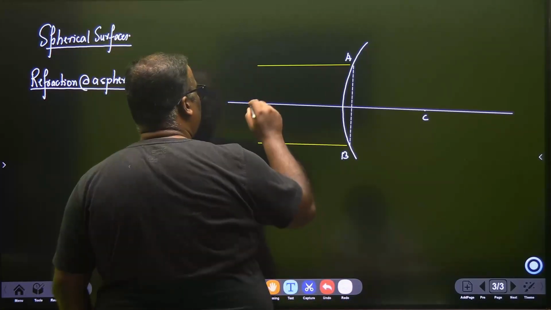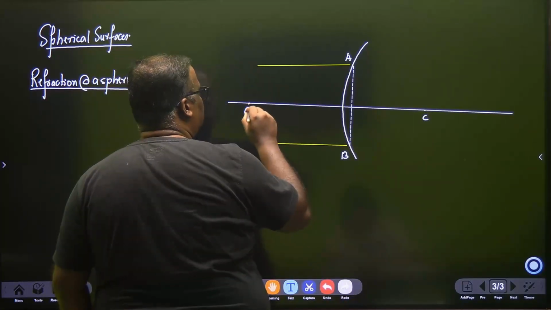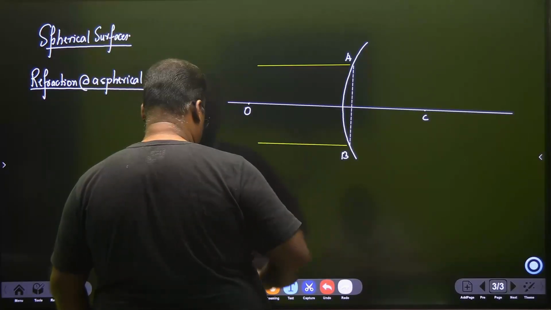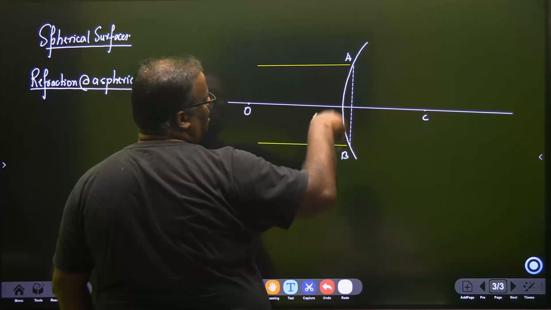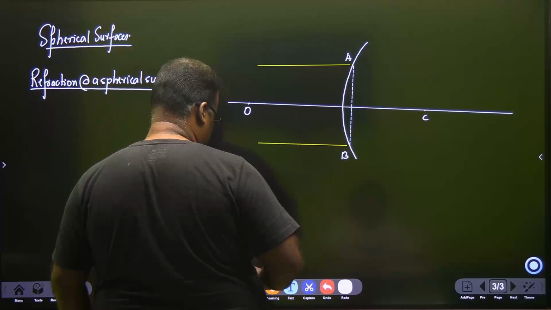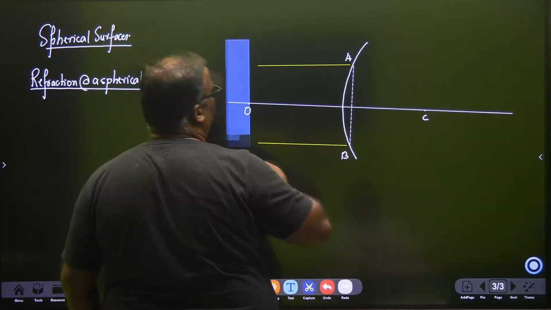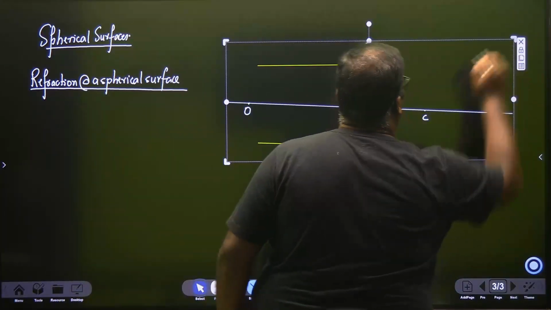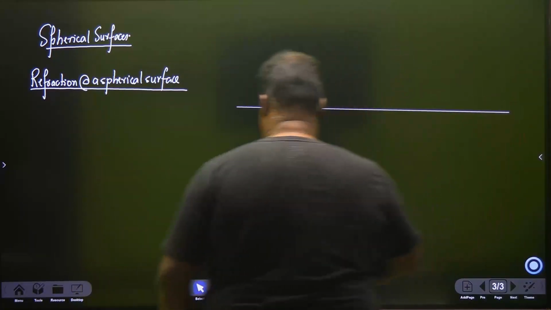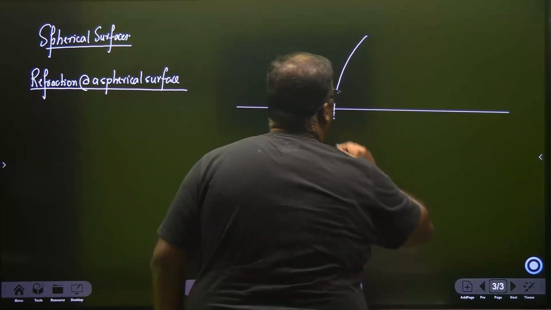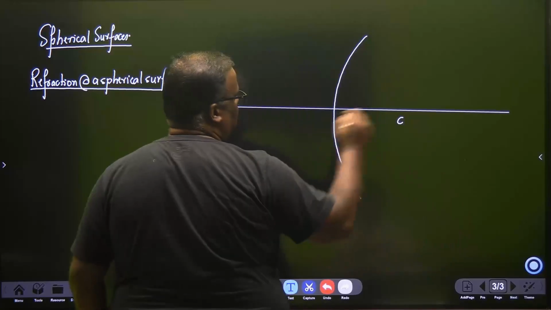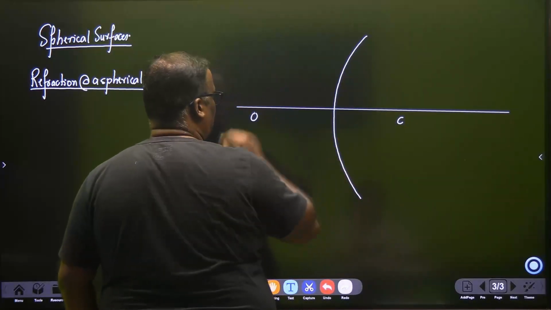And we take any arbitrary point, which is my object O. I'm making a fresh diagram because on this one it will get jumbled up. So this is my spherical surface and I have a center of curvature, which is C, and a point where the object is.